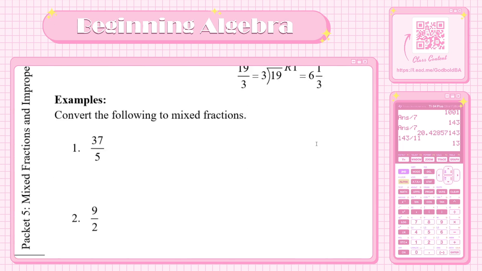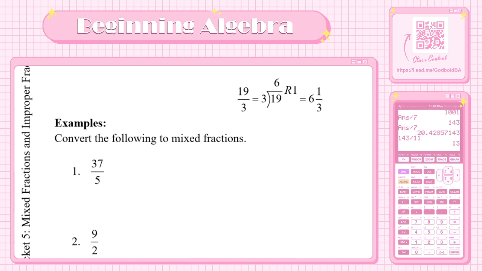Okay, so let's just look at an example of this. So we would rewrite this as 5 going into 37. So how many times does 5 go into 37? So 5 times 7 is 35, right?